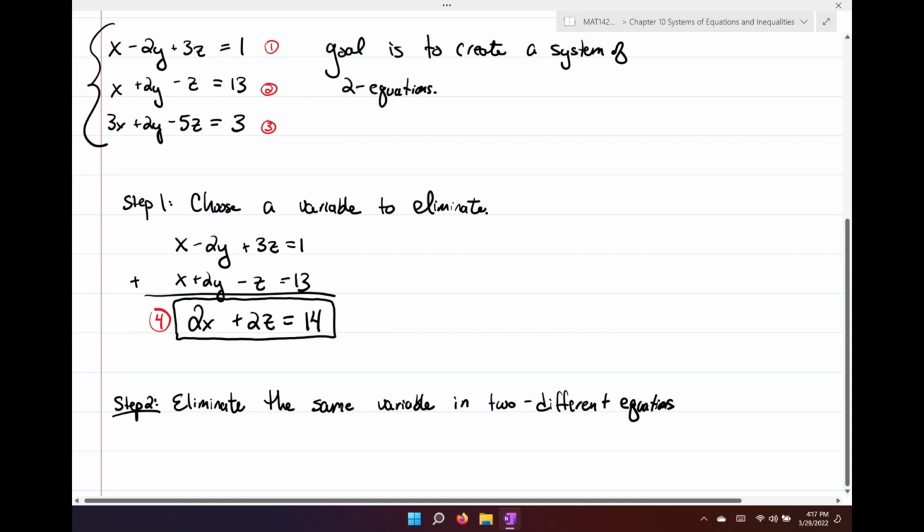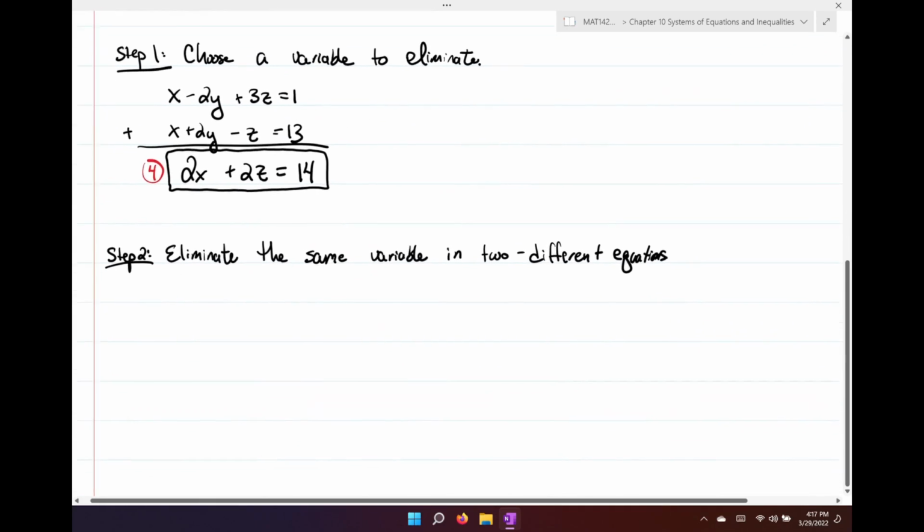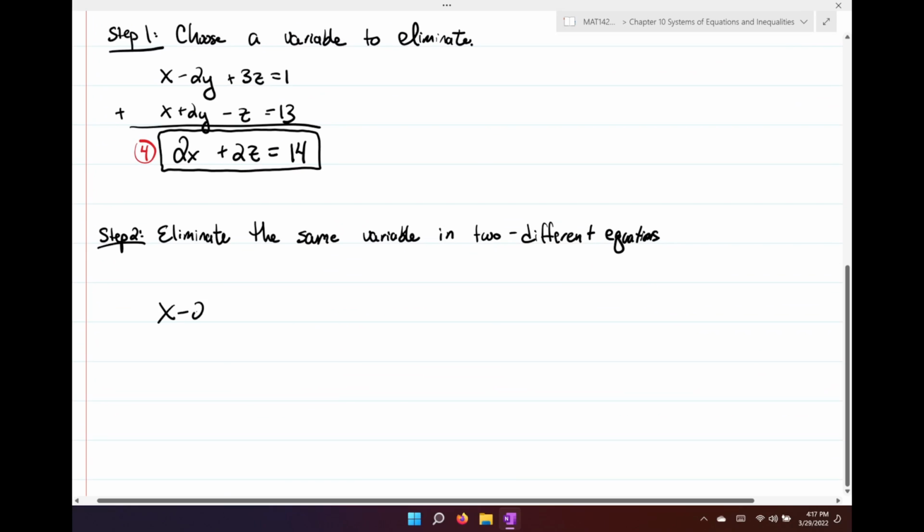So if you look at what I've done, in step 1, I eliminated the y in equations 1 and 2. Now in step 2, I can choose equations 1 and 3, or I can choose equations 2 and 3. I'm going to choose equations 1 and 3 because equation 1 is x minus 2y plus 3z equals 1.